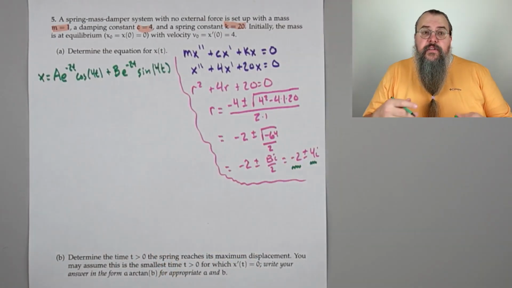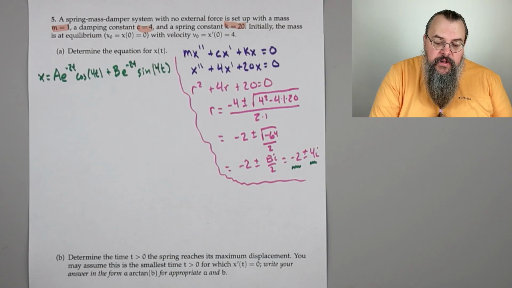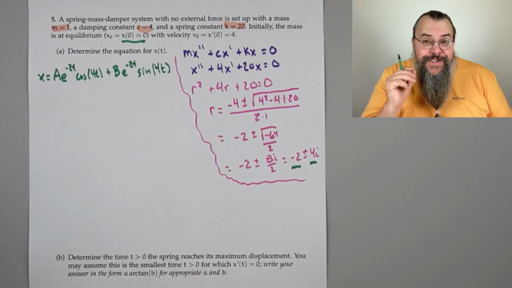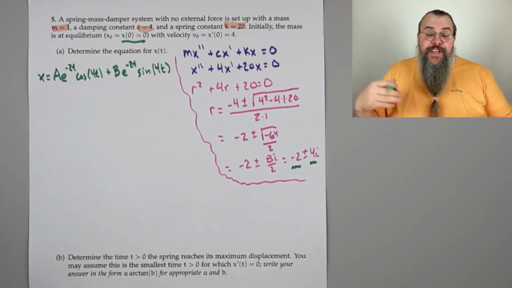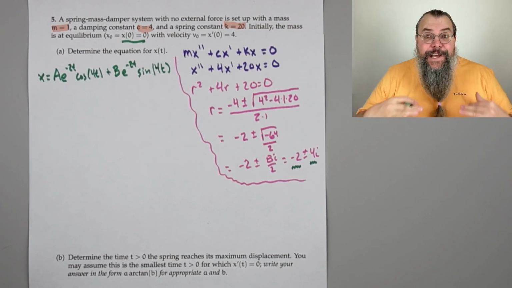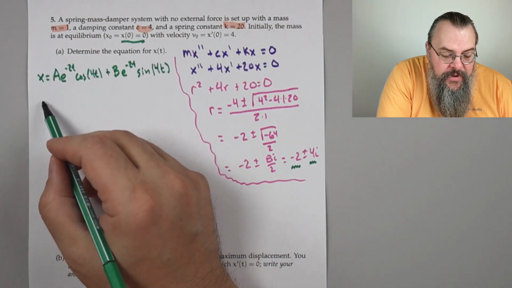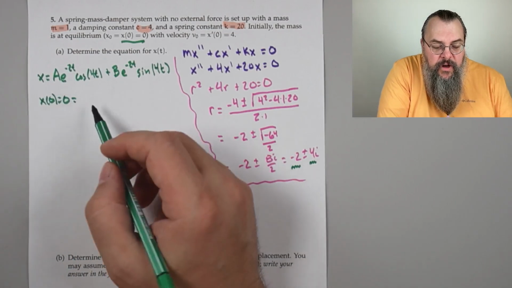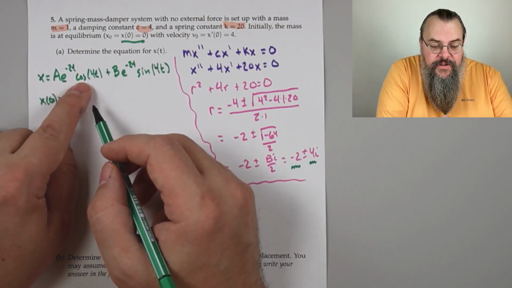Now our goal is to say, what can we say about a and b? Well, let's start with this x of 0 equals 0. When I see zeros, the more zeros I see, the happier I am, because zeros are our friend. We like zeros. So let's plug it in. We have that x of 0 is 0. Well, here we have a. e to the 0 is 1. Cosine of 0 is 1.